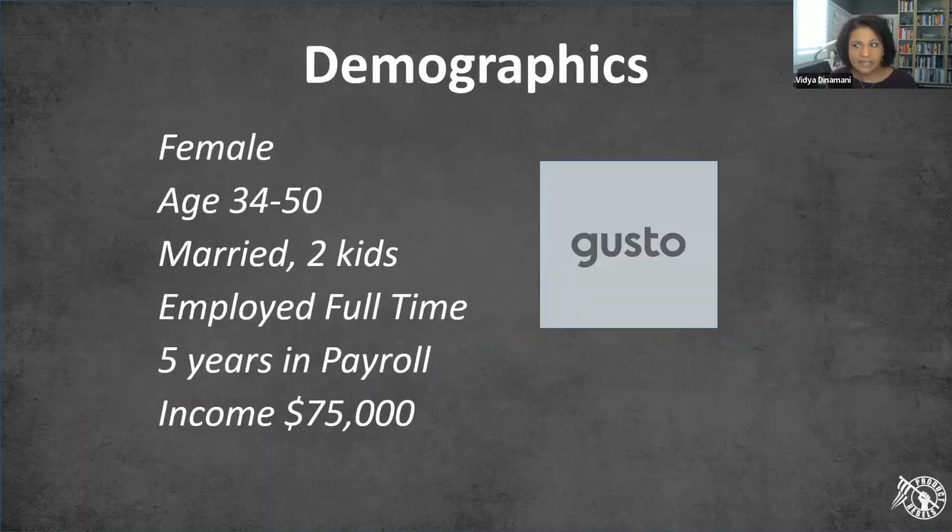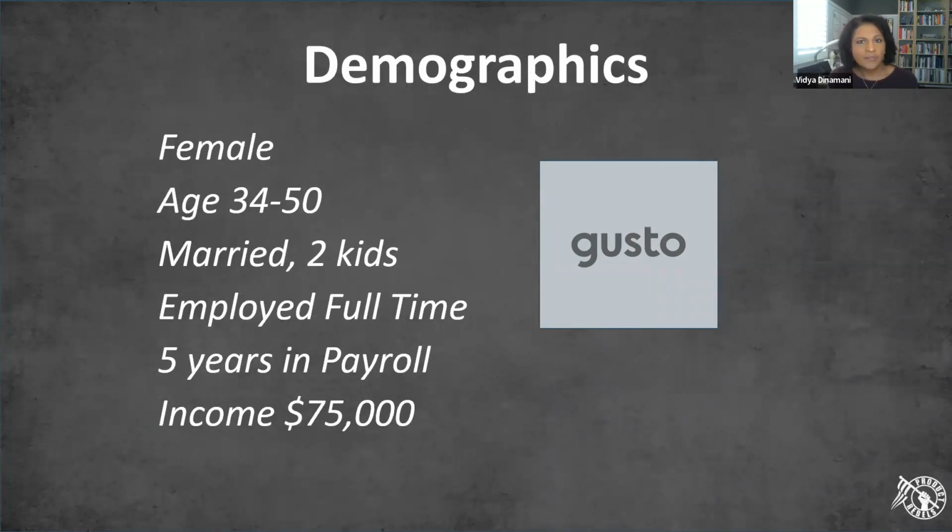So let me bring this one to life, and I'm going to use Gusto, the payroll software company, as an example. So if we just focused on demographics, right? If we just said, okay, so our payroll manager, she's a woman, she's 34 to 50, I mean, demographic. Like, I don't know what I would do with this.